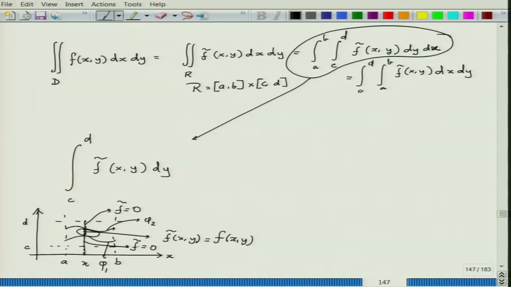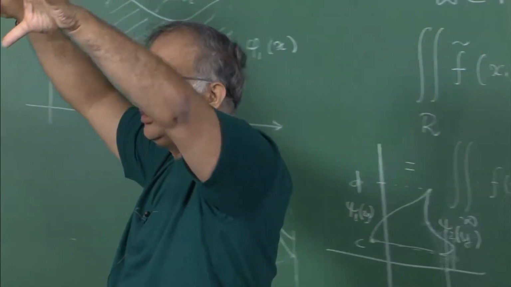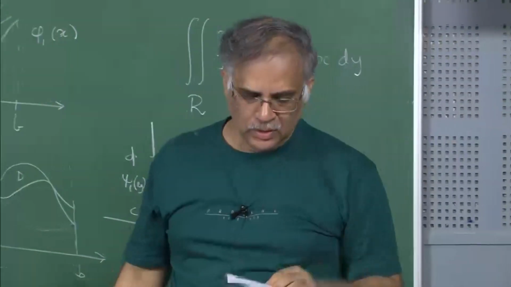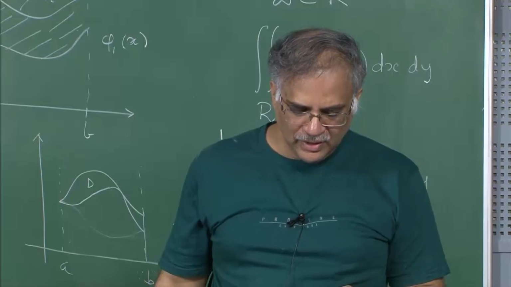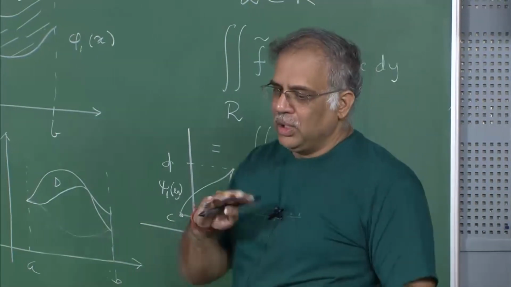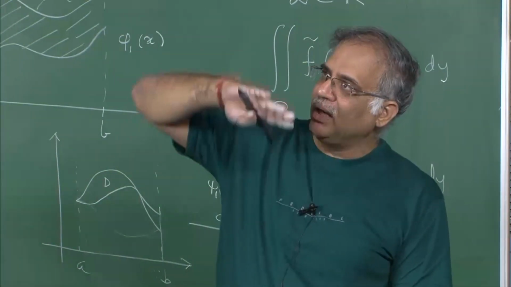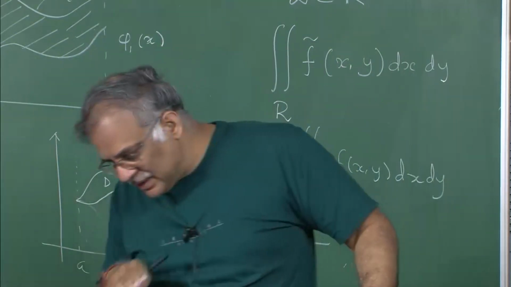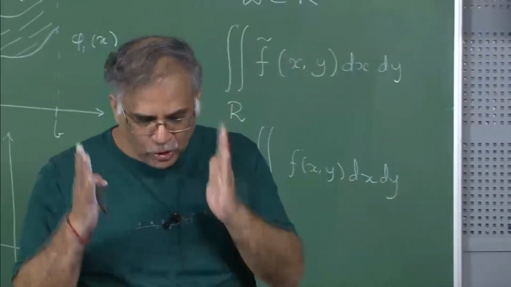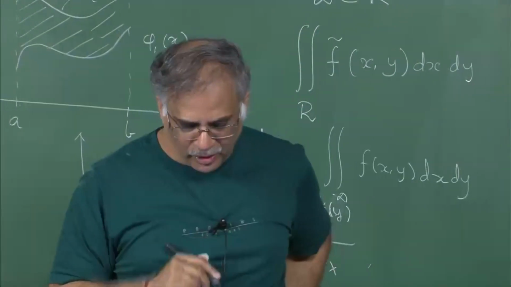You have to understand that d here is bigger than or equal to phi x, because the rectangle has to contain the whole region D. So, d has to be bigger than the maximum value of phi 2 x, and c has to be lesser than the minimum value of phi 1 x, then only the whole domain is contained in that rectangle, and that is what we want.